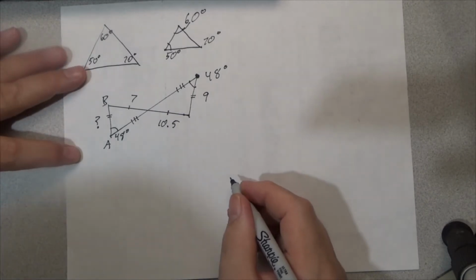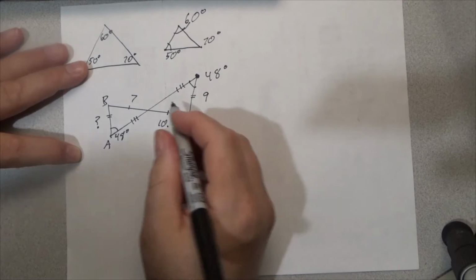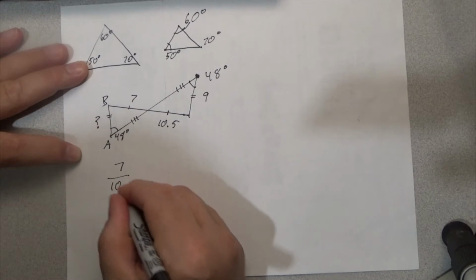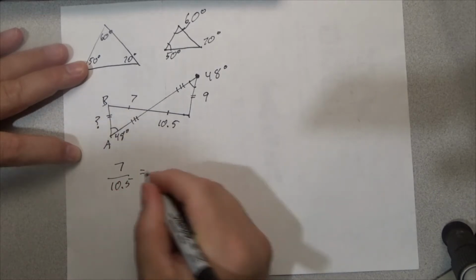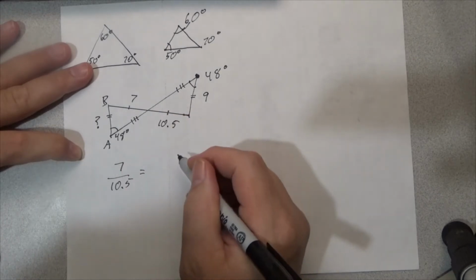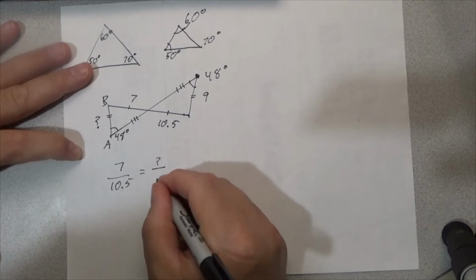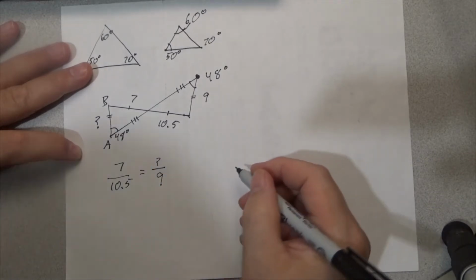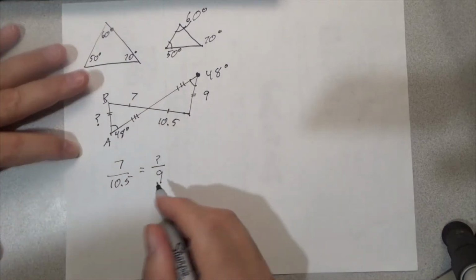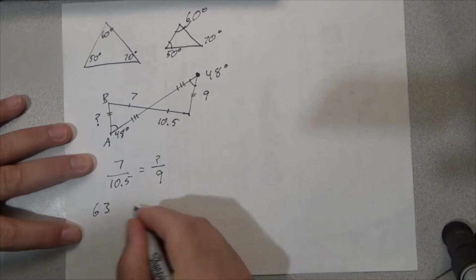So, based on these angles right here, I should be able to say that 7 over 10.5 is set equal to question mark over 9. Okay? So we cross multiply. 7 times 9, 63.